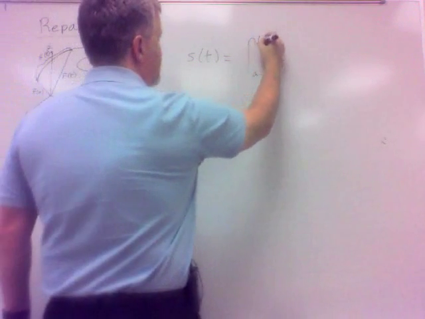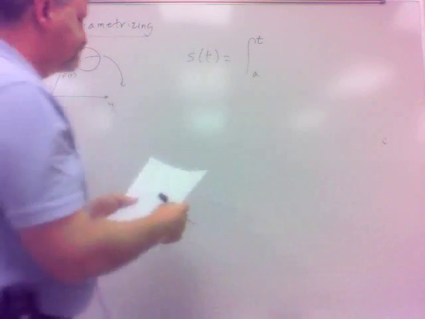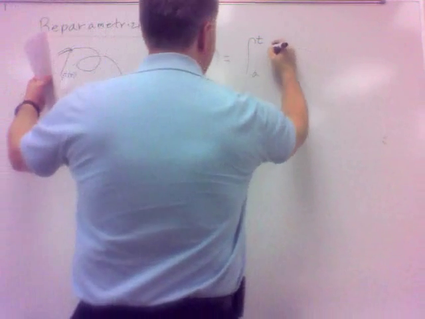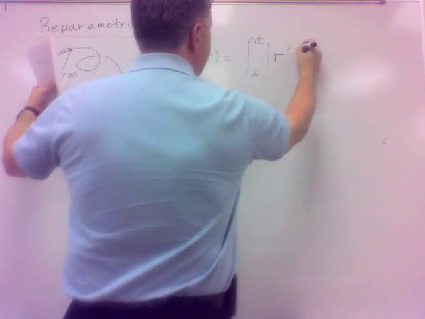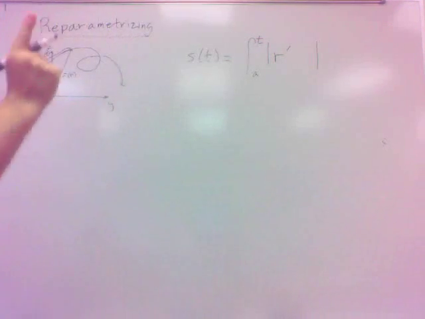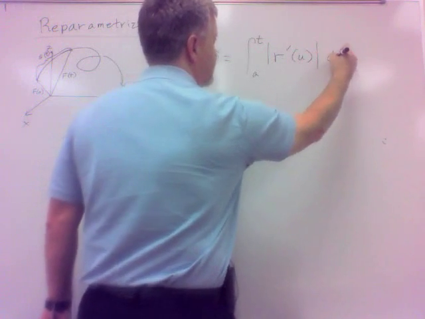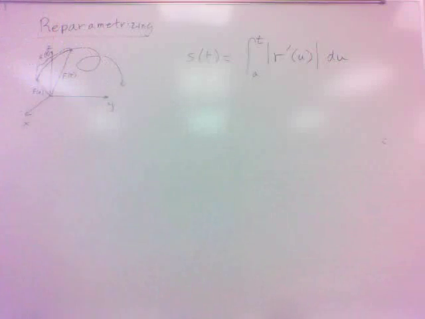We're going to let t vary, so we go from A to t now. S is the arc length, so it's the integral of the arc length. And since our t is here, we don't want to use that variable inside the integral, so we're going to use a different one. So that's S of t.